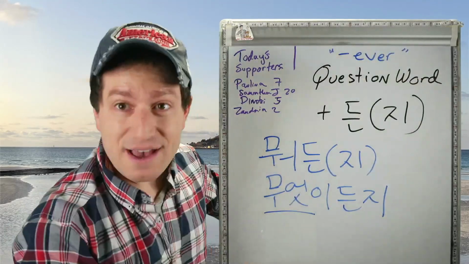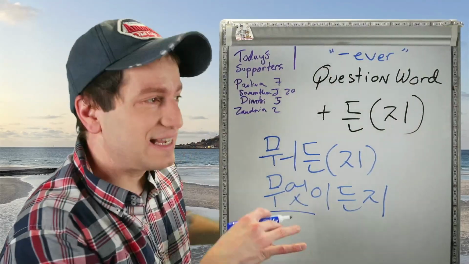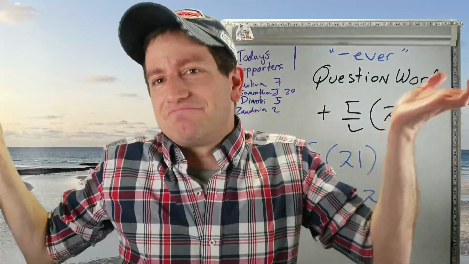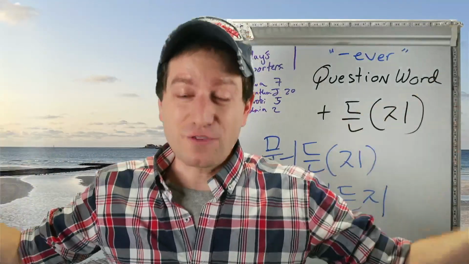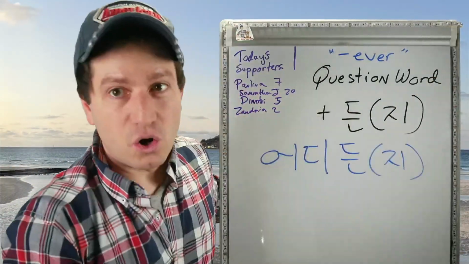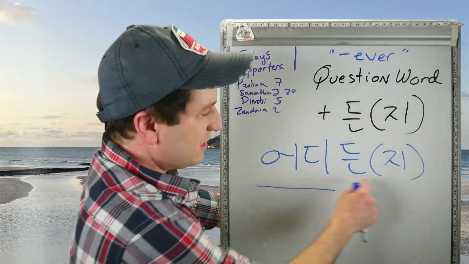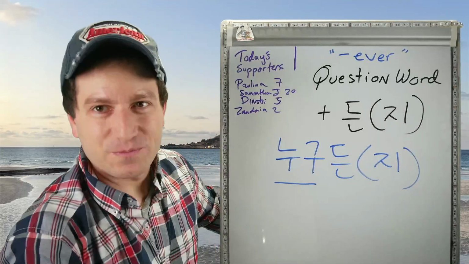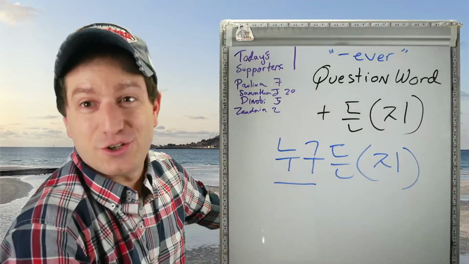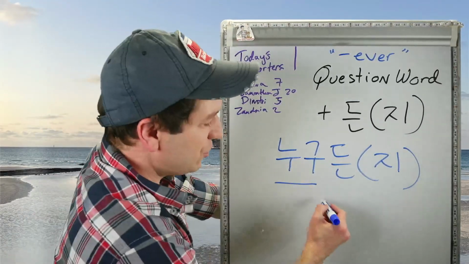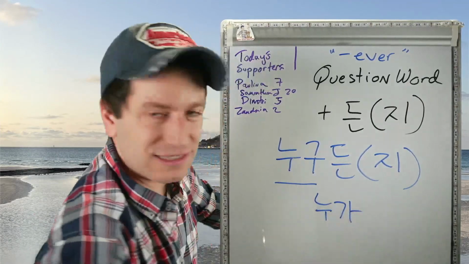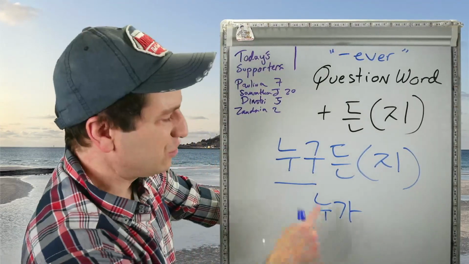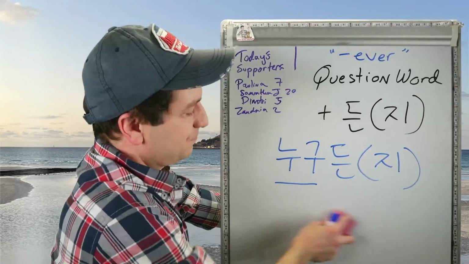So whatever, as in whatever it is, it's okay, or it doesn't matter, or it's fine, or that's good. 어디, where, 어디든지, wherever. 누구, who, 누구든지, whoever. Note, you would never say 누가든지 because 누가 is actually 누구 plus 가.